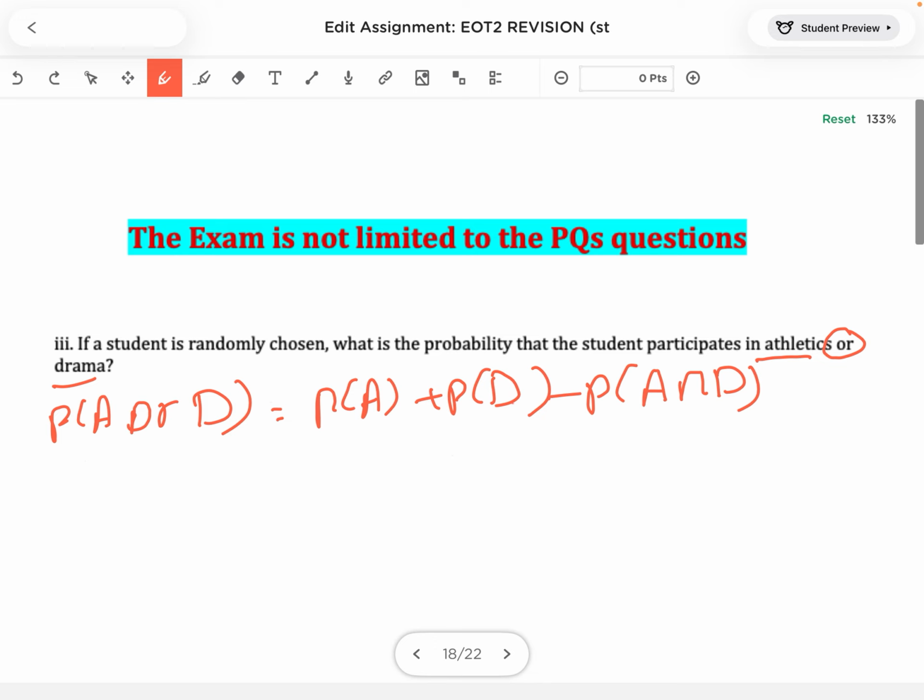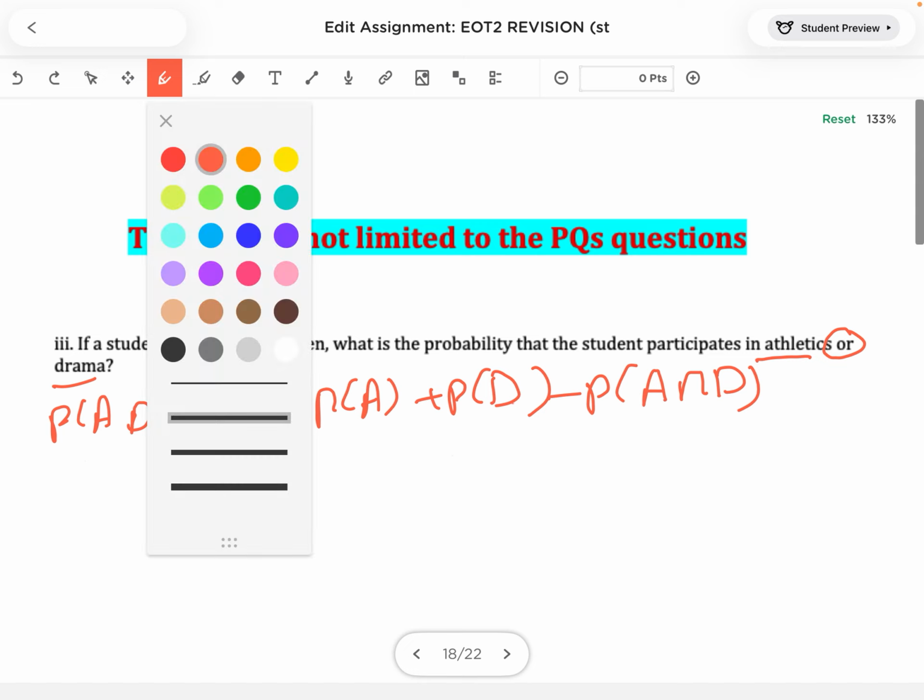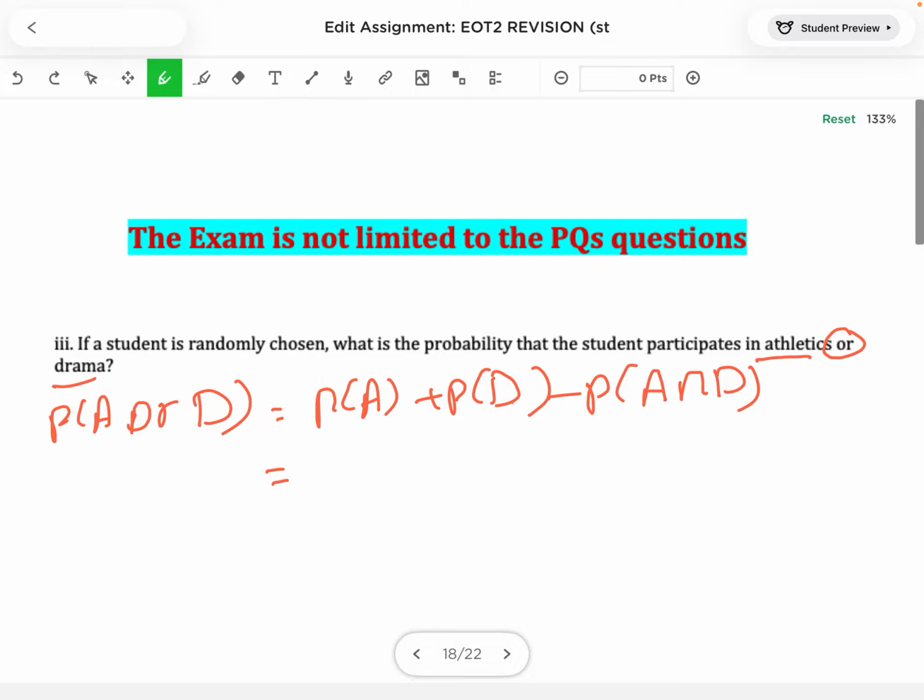What is the probability for athletics? How many athletes do we have? 159 over 345. Drama, 82 over 345, minus drama and athletics only, which is 4 over 345. And you can calculate the answer.